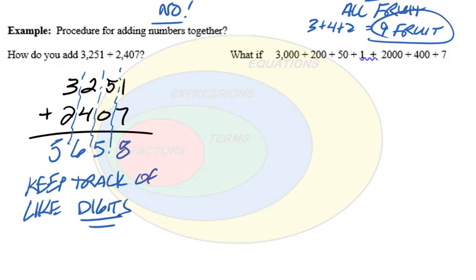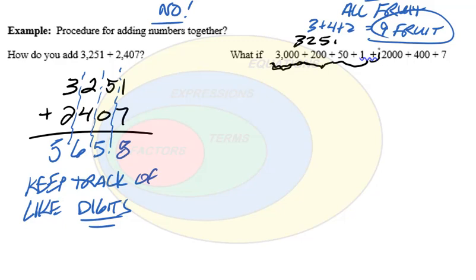So again, the place value is defining what type of number it represents. So notice if we just expanded these numbers, 3,251, meaning if we wrote the digits as what they represented, this would be the expanded form of 3,251.